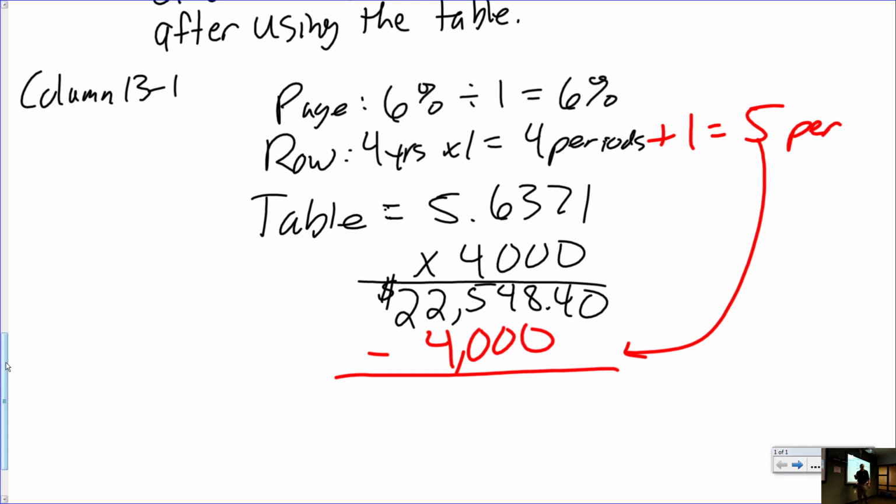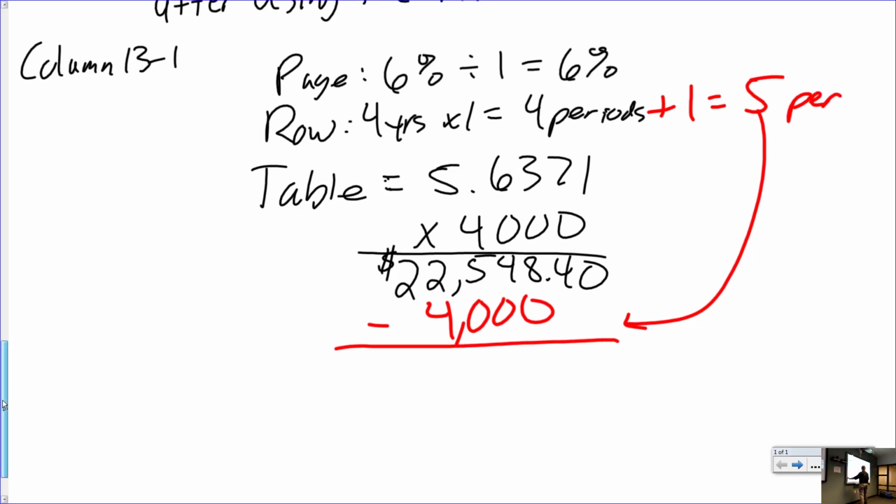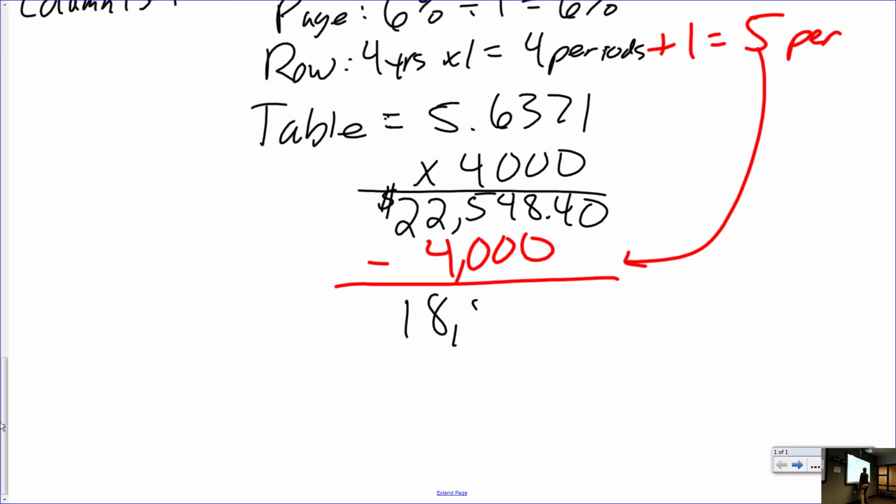So that's how you correct for having an annuity due, for when you invest at the beginning of the period instead of the end of the period, okay? And so we wind up having, in this account, $18,548.40. And how does that compare to our exact calculation?